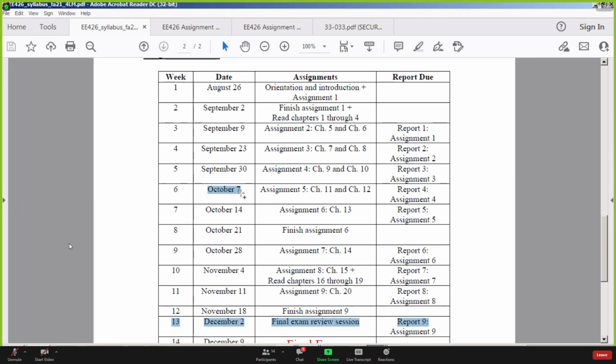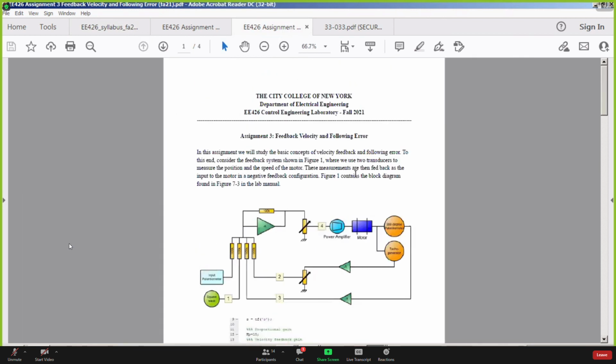Yes, quick question, Professor. Yes. For those of us that are going physically to the lab, will you be sending over what we will be doing during our lab time, or is that discussed once you get to the actual room? For every assignment that we have left, you will receive an assignment like this, just like we've been doing.